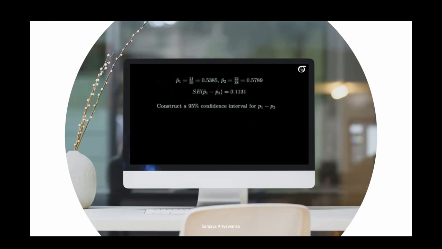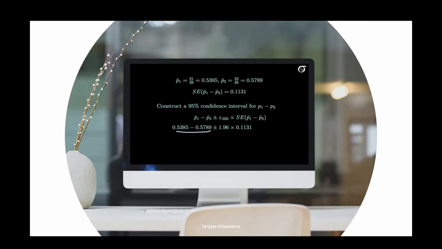Here again are the sample proportions and the standard error. Suppose we wish to construct a 95% confidence interval for the difference in population proportions, p1 minus p2. Here's the appropriate formula. The point estimate of p1 minus p2 is just p1 hat minus p2 hat, the difference in the sample proportions.